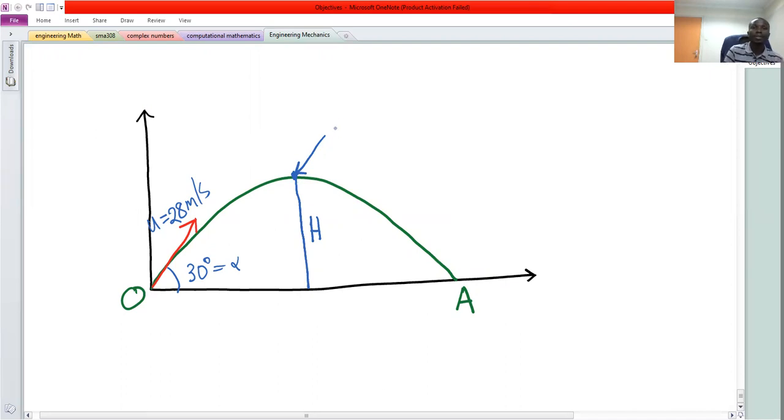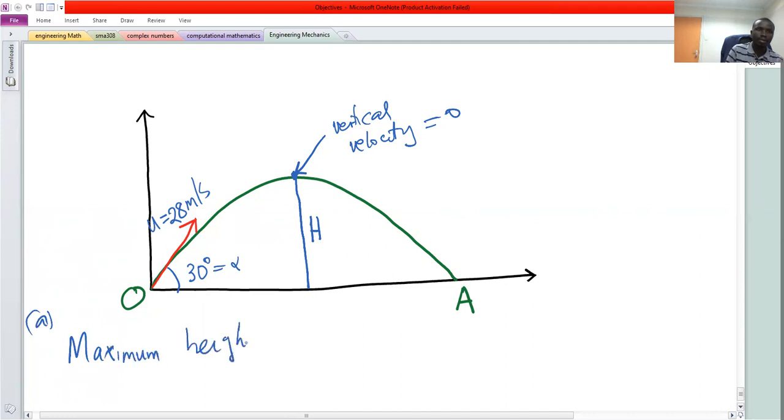And then at this point, the vertical velocity is 0. So the first part, maximum height.